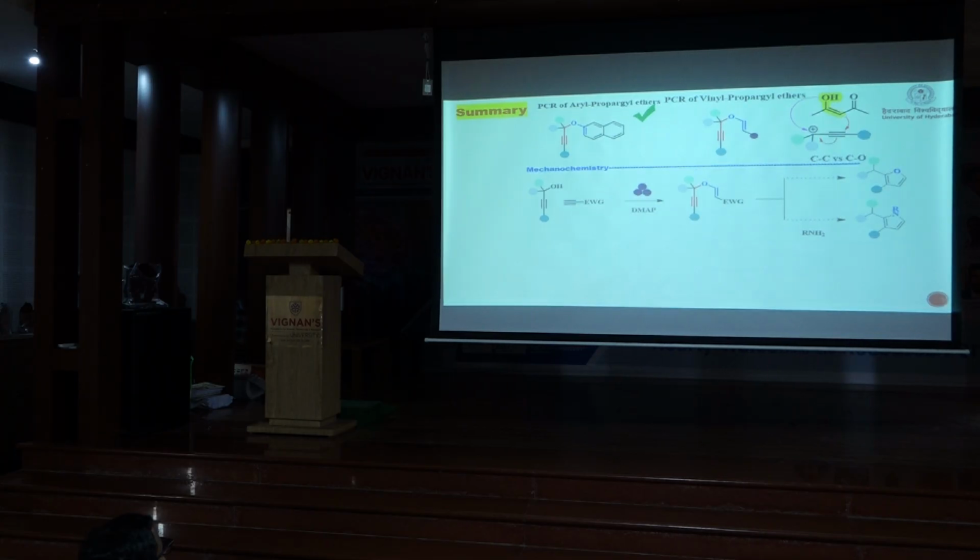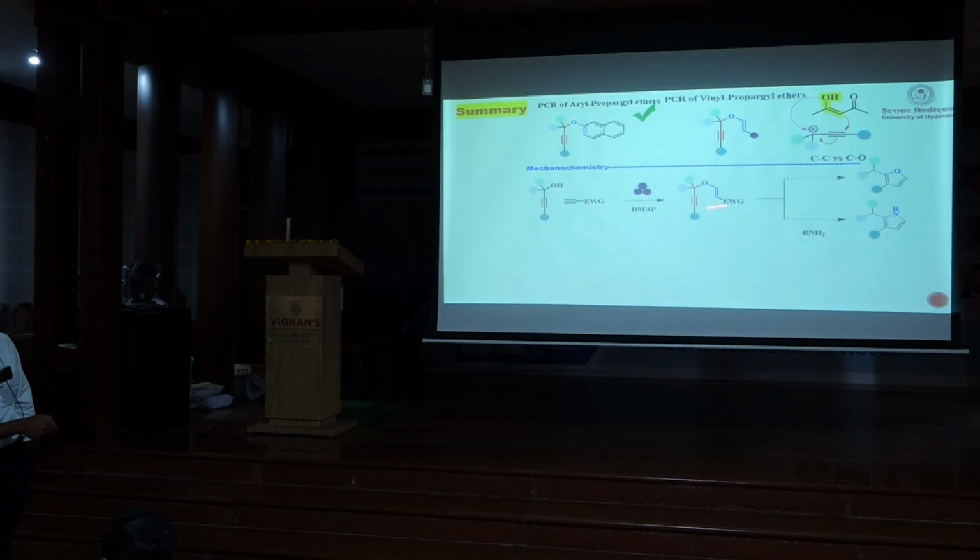However, using mechanochemistry, what we noted is, you start with a propargyl alcohol, take an activated alkyne, and grind these two with DMAP, and in situ we could produce the vinyl propargyl ether. Now this vinyl propargyl ether underwent cyclization to give the furan, and then it also produced the pyrrole as indicated here.